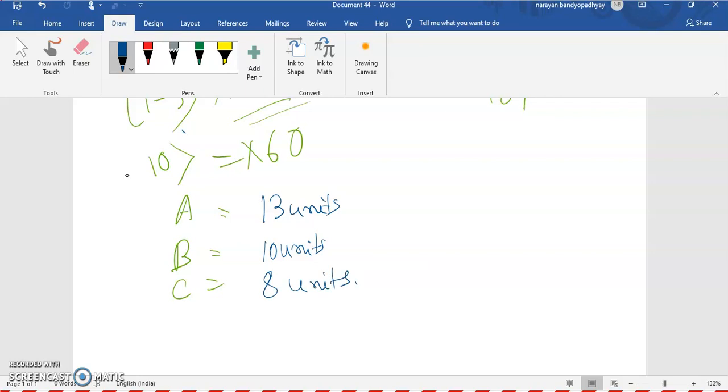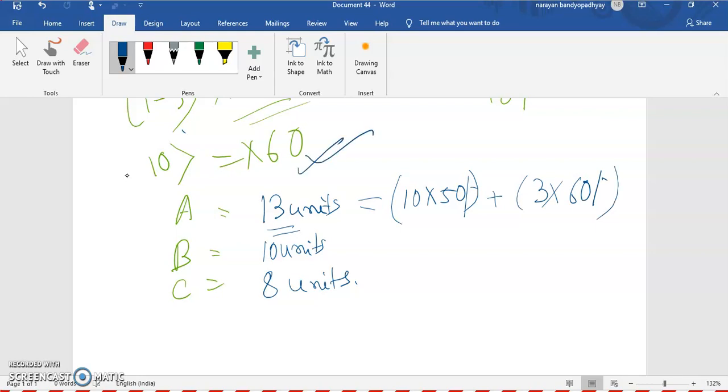Worker A received wages of how much? For 10 units he will get 50 rupees each, and for the extra 3 units he will get 60 rupees each, isn't it?